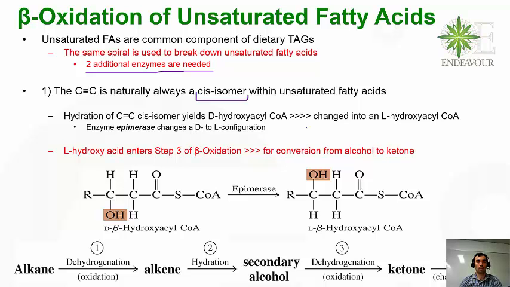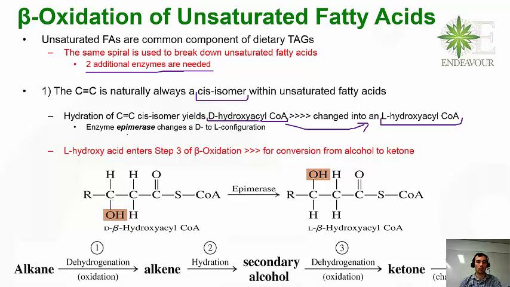We then use another enzyme to actually change the format of this product, which is, we originally produced the D-hydroxyacyl-CoA. We originally produced the D version, so it's the right-handed version, and we need to actually change it into the left-handed version.